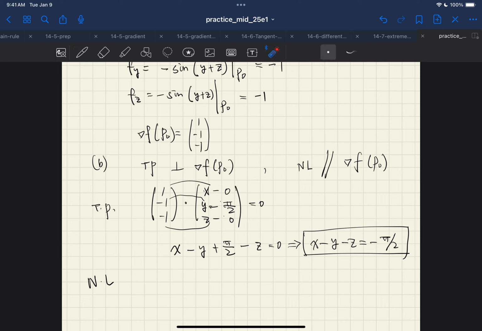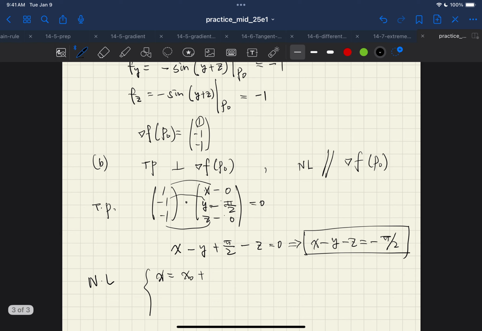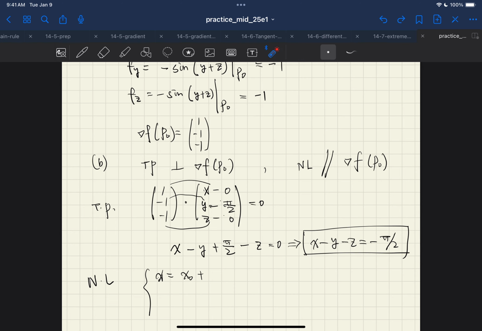Because the normal line is going through P0 and in the direction of gradient f, what you do is x equals x0 plus, in the x direction the rate is 1, so this is 1 times t, and y0 plus, in the y direction -1 is the rate of change, and in the z direction we're changing -1t.